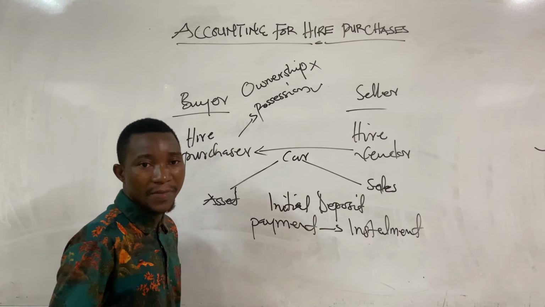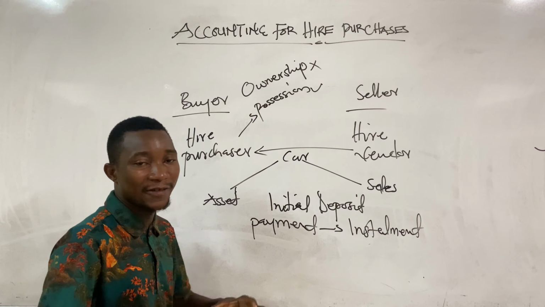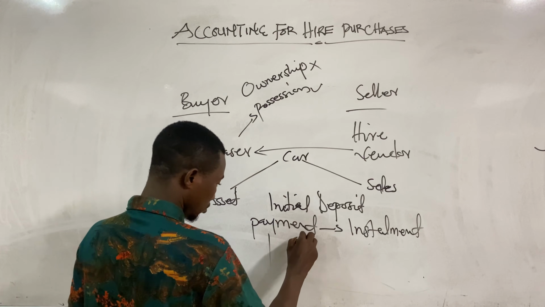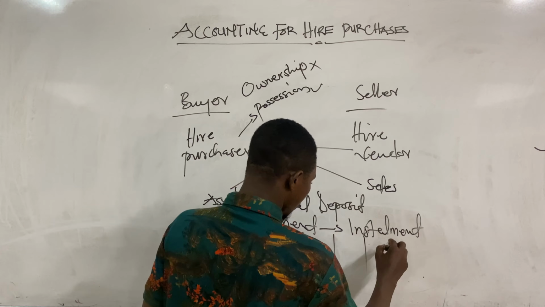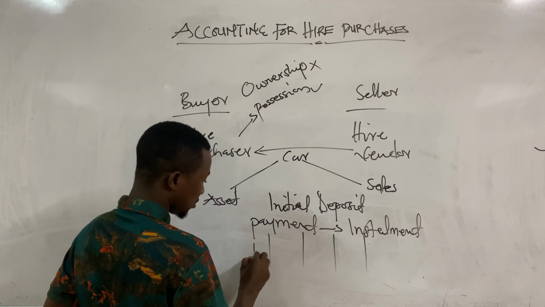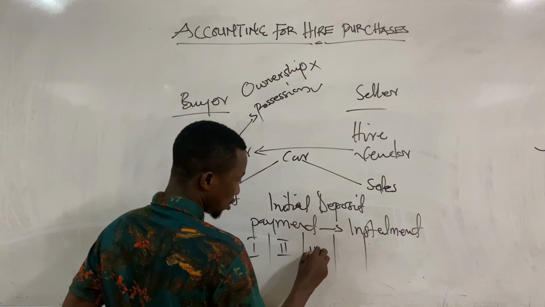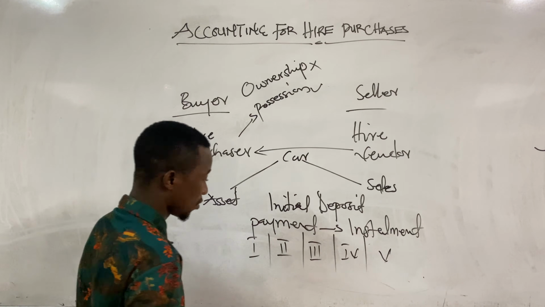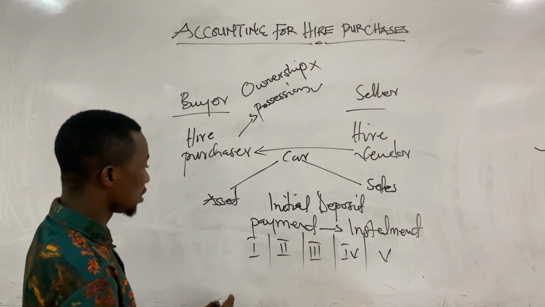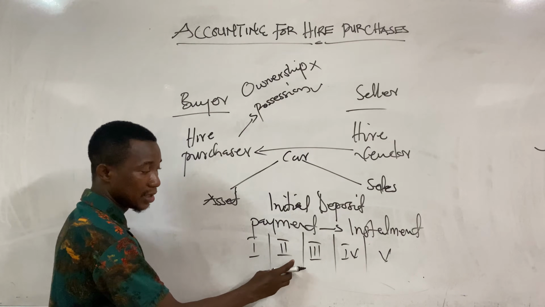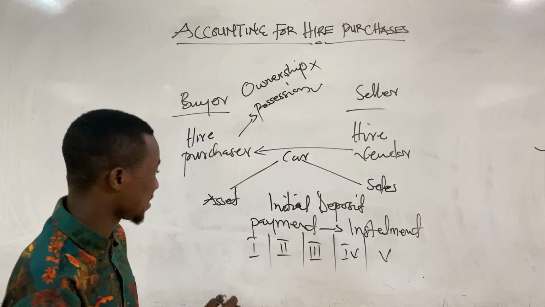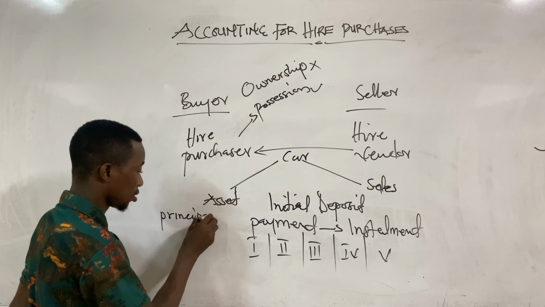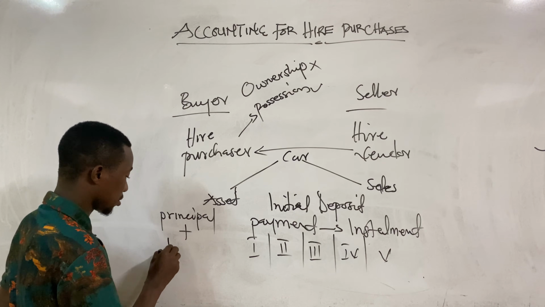The agreement can be made in such a way that the payment will be made over 5 different years, so we have the first year, second year, third year, fourth year, and the fifth year. Each installment comprises the principal amount plus the interest.